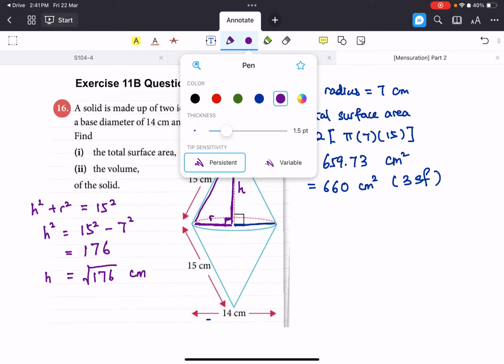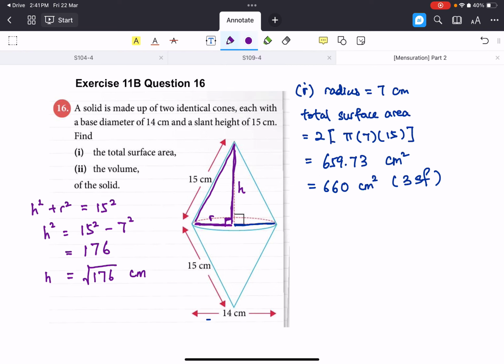Okay, let's keep my purple pen. So part 2, the volume, is equals to, now there are two cones here, so 2 times the cone, and the cone is 1/3 pi r squared h, and the h is actually the square root of 176.